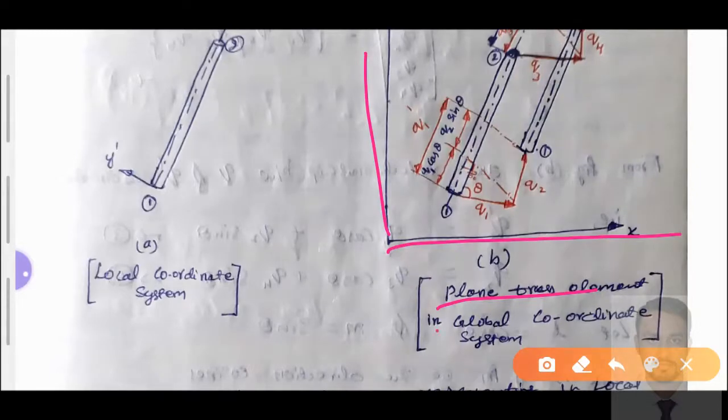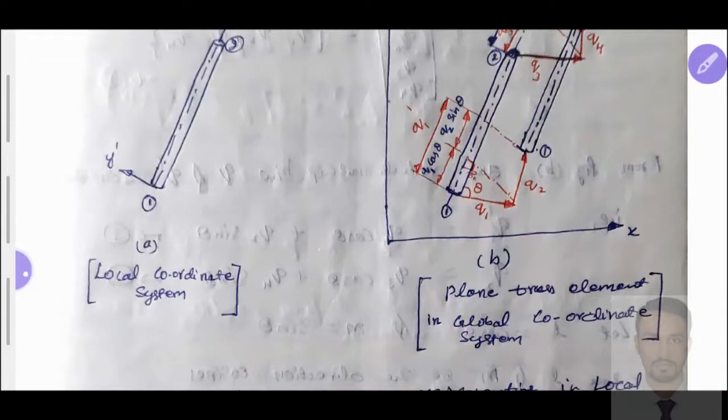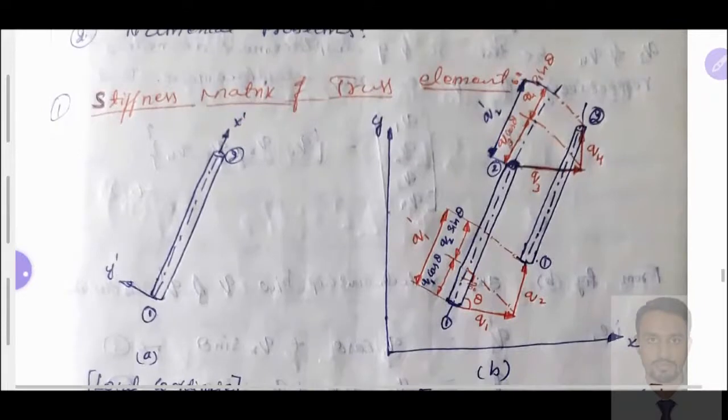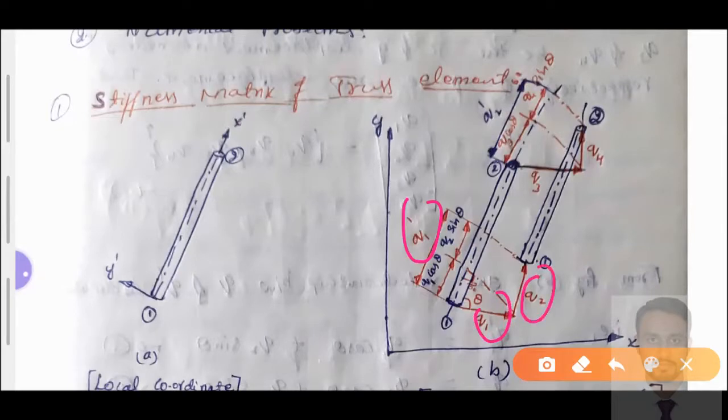The plane truss element in a global coordinate system is represented along the x-axis and y-axis without dash. See here, you can easily realize: without dash I have represented here, with dash I have represented here. Where we see a dash, we say local coordinate system. Where there is no dash, we say global coordinate system. Where we say q dash, that is the local coordinate system displacement. Where we say just q, that is the global coordinate system displacement in space.